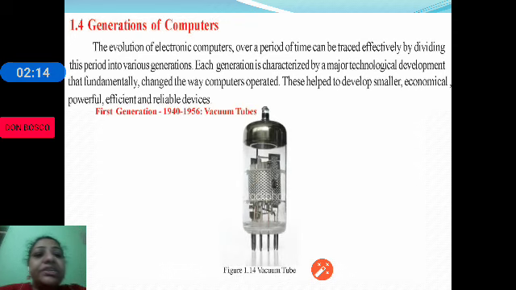The first generation computers used vacuum tubes, and the first generation is categorized in the years 1940 to 1956.